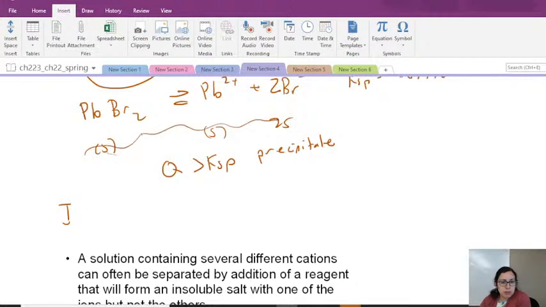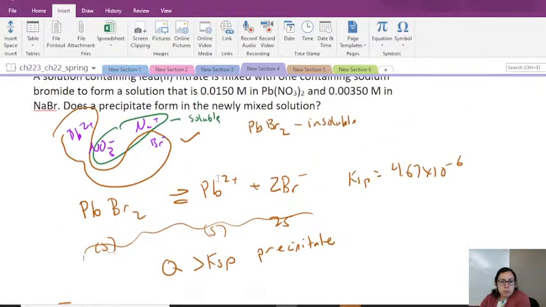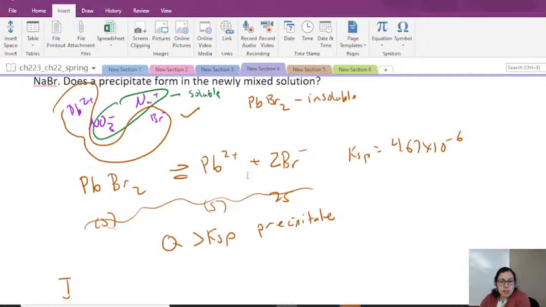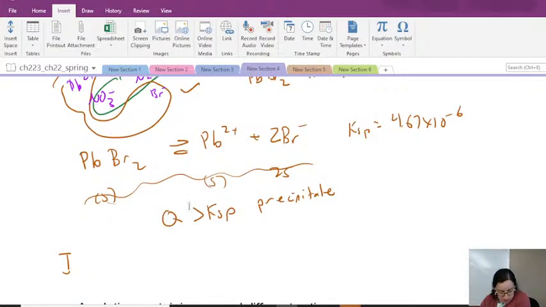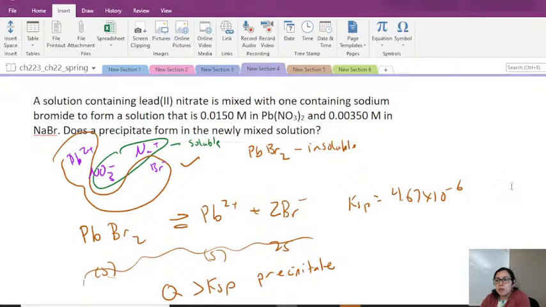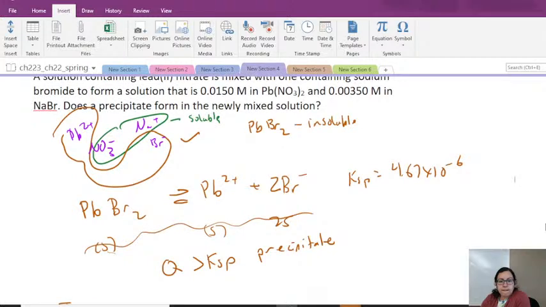Yep, kind of ignore that, sorry. And so what's our concentration of lead initially, from this mixture? Because it's 0.0035 in sodium bromide. Yeah, so then it's 0.015 in lead.